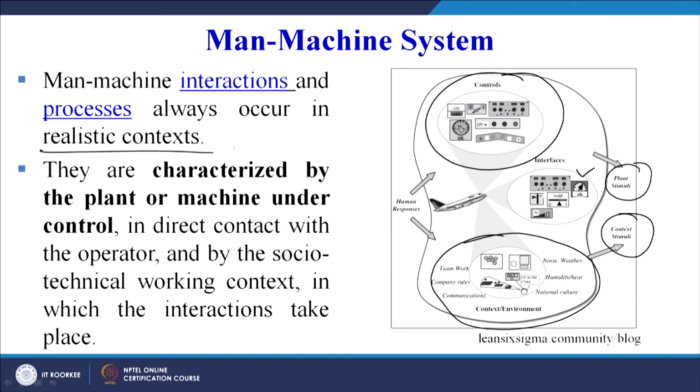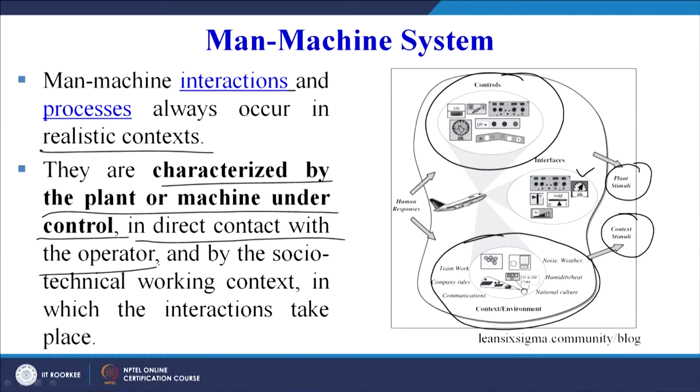They are characterized by the plant or machine under control. So that is one thing, characterized by the plant or machine under control, in direct contact with the operator. So there is a direct contact between the man and the machine, like here we have a direct contact between me and this system that I am using, and by the socio-technical working context in which the interactions take place.